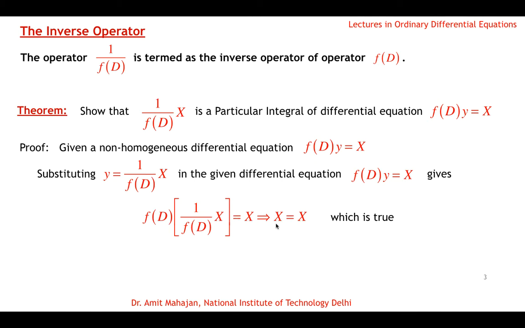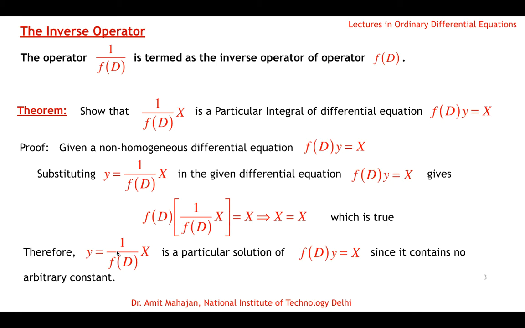That means this inverse operator on X satisfies the non-homogeneous system. That means it's a solution of this, and because it does not contain any arbitrary constant, it's a particular solution or particular integral.